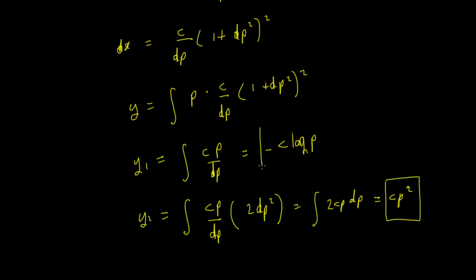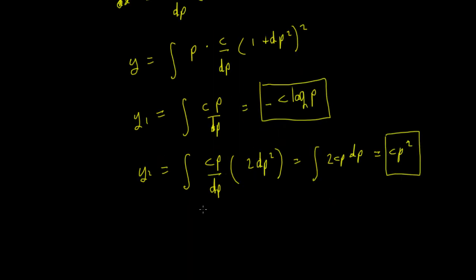So the first part there, the second part there, and the third part there is just an extension of what you've got above. So y3 is going to equal the integral of cp upon dp, now it's got to be p to the 4.